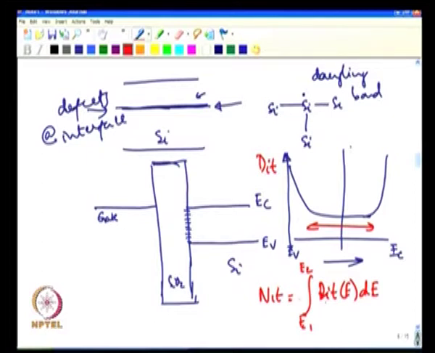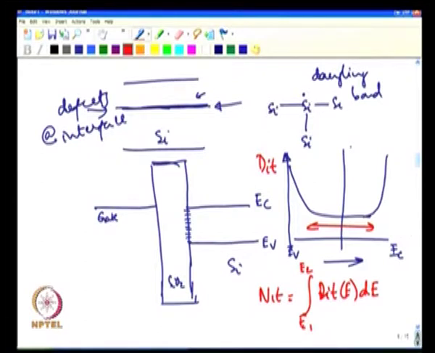DIT has a unit of per centimeter square EV, because you are integrating over dE, EV gets cancelled in terms of dimensional consistency and you get the trap density, which is number per centimeter square. So this is what I meant: DIT is a density which is not only areal density but also energetic.